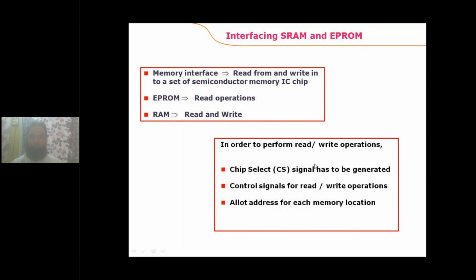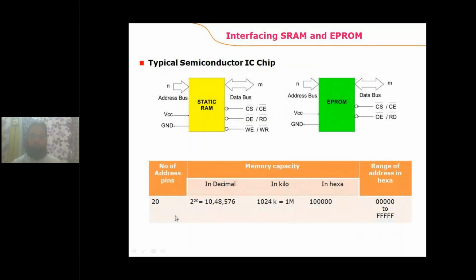Now, what is the address range of the complete 1 megabyte of memory? It consists of 20 address lines, so it can access 1 megabyte of memory, and the address range is 00000H to FFFFFH. Now we can see the type of configuration you need to do with RAM and ROM. These are the N address lines, and these are the M data lines.